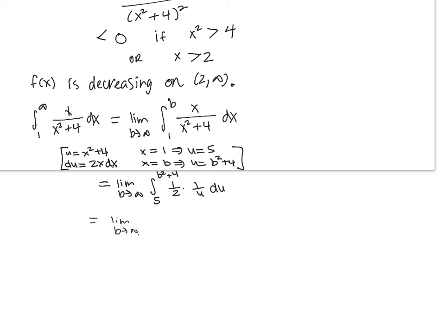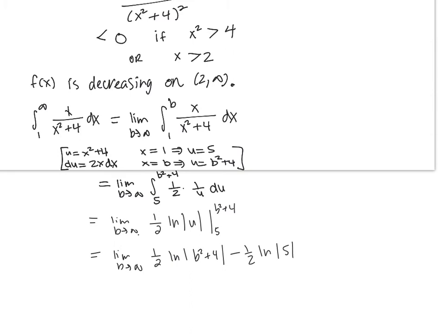All right, the antiderivative of 1 over u is natural log absolute value u, from 5 to b squared plus 4. So that's the limit as b goes to infinity of 1/2 natural log absolute value b squared plus 4 minus 1/2 natural log absolute value 5. And as b goes to infinity, this first term is going to go to infinity as well.